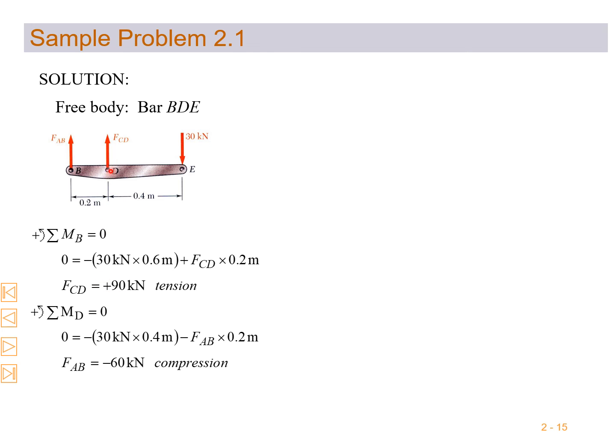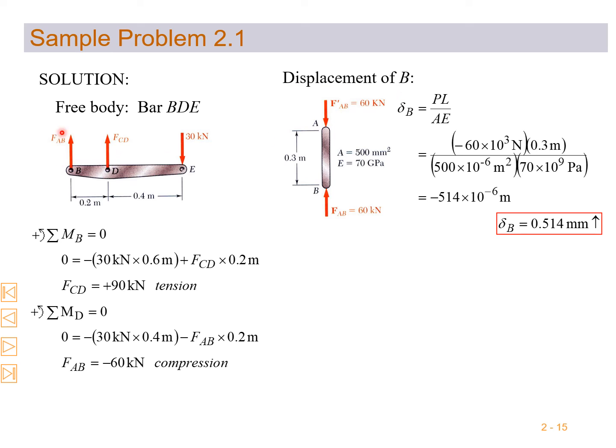Then if we take moment about D, FAB into 0.2 and 30 into 0.4. So FAB is in compression. If you apply the load here, it will go up about this point. This will be in compression, this will be in tension. So it will push, and it will try to pull. So this is in tension, this is in compression.